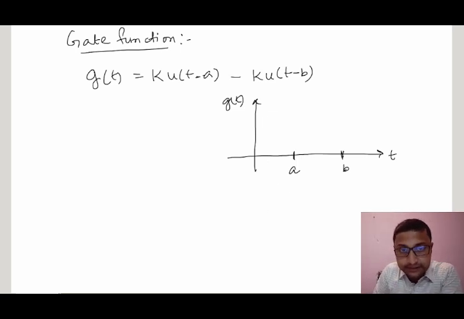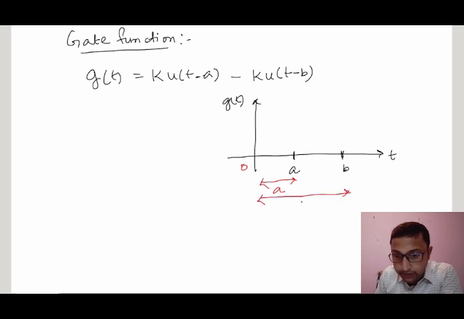That means the distance from origin to a is small a, and the distance from origin to small b is small b. Okay, that means the signal with constant magnitude, suppose this value is k, constant magnitude.